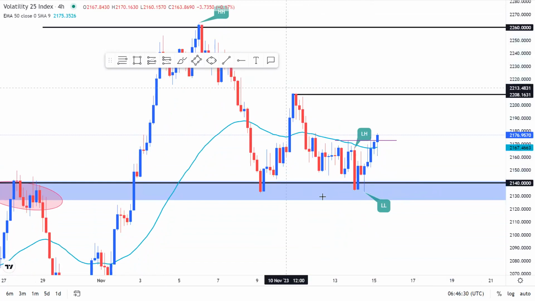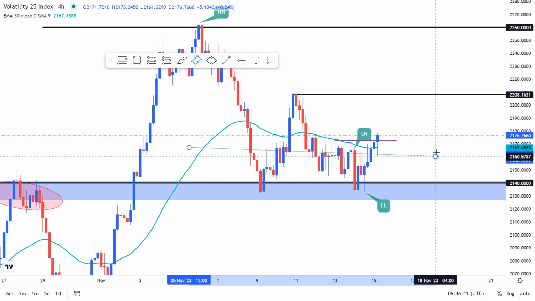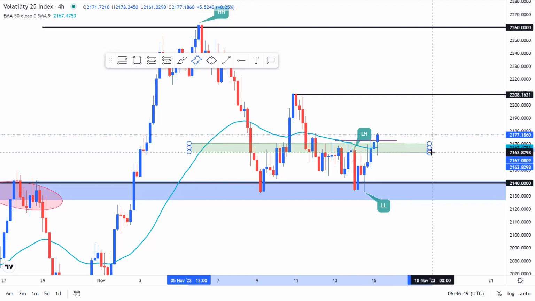Now taking out this, I've been able to identify a 4-hourly time frame level for me, in this level right about here.